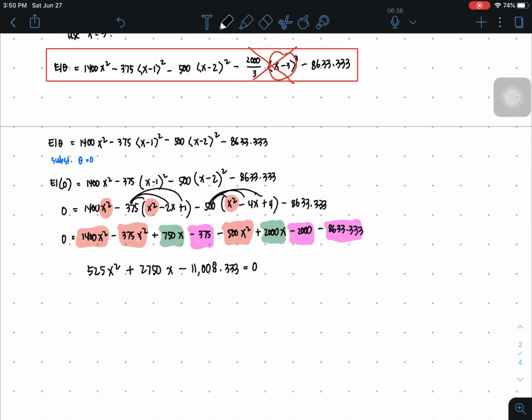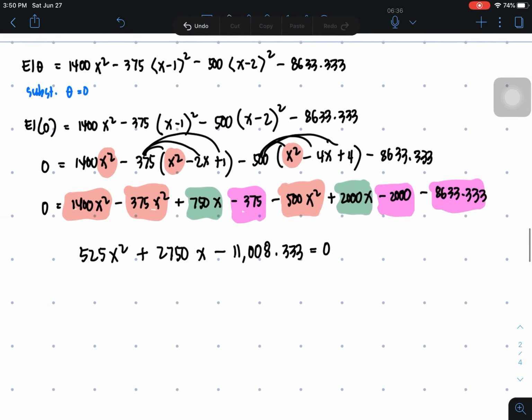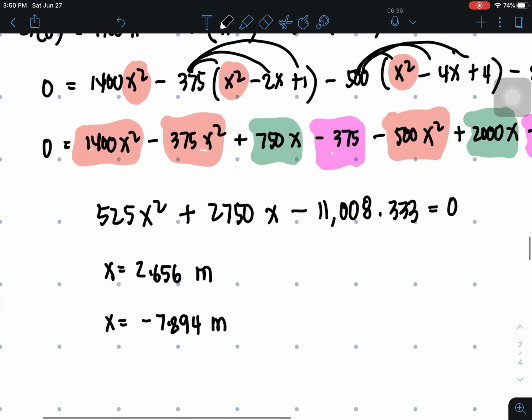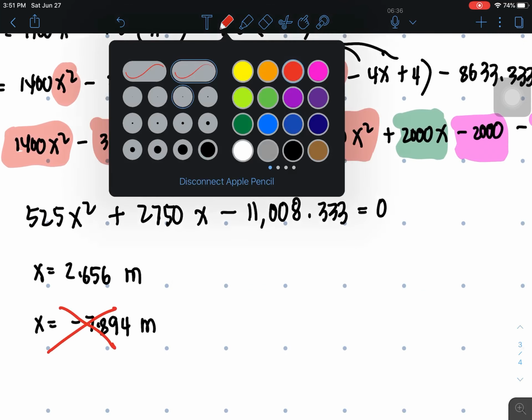Okay, using your calculator, you have 525 and then 2750 and then negative 11,008.333. So it gives us the value of x equal to 2.656 meters and the other x is negative 7.894 meters. As I have discussed previously, we don't have a negative x, so that one is wrong.